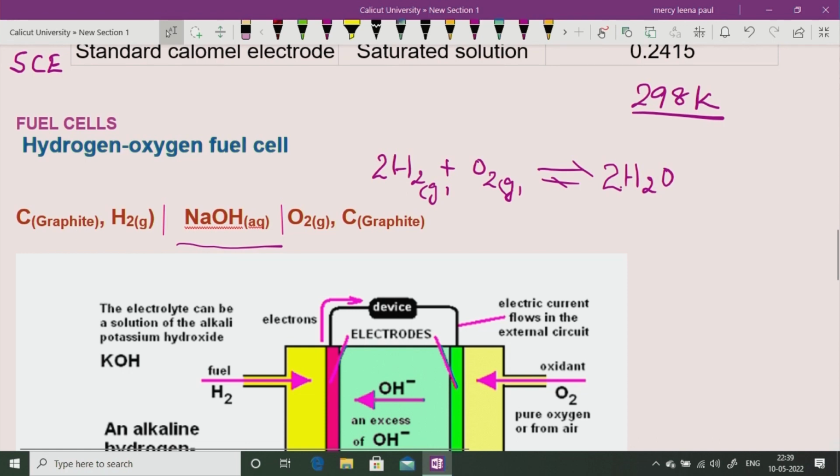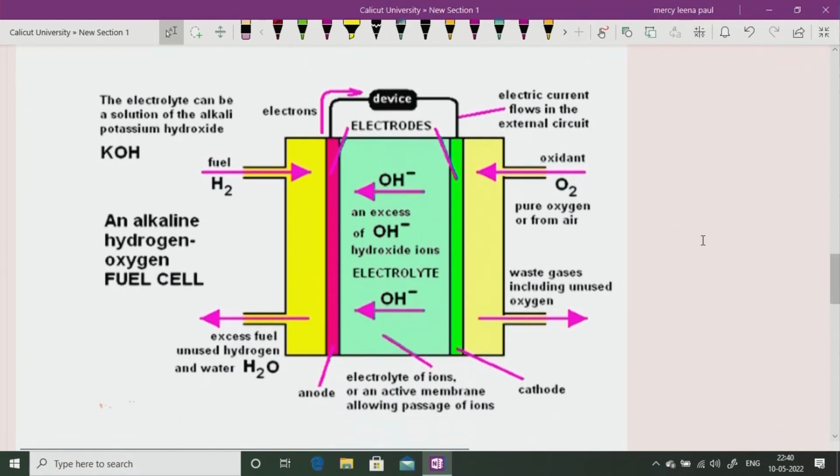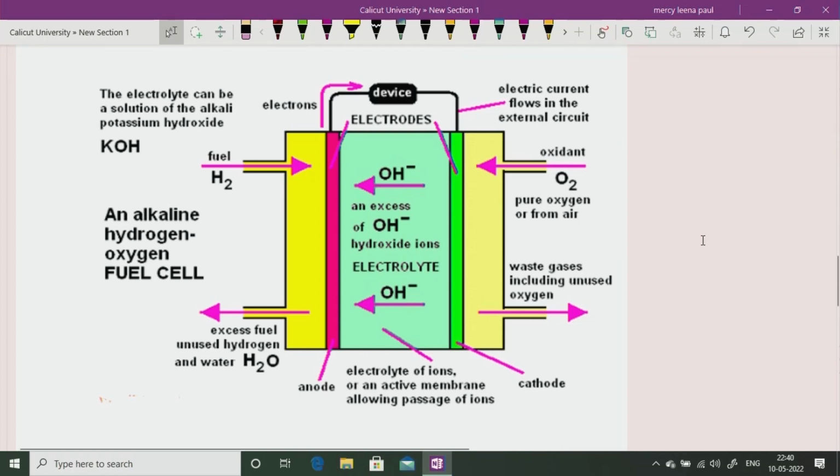And by writing this itself, we understand that the hydrogen part undergoes oxidation, because this will be the anode, and oxygen part will be the cathode. Now, let us see how the schematic representation is made. See, this is how it is.